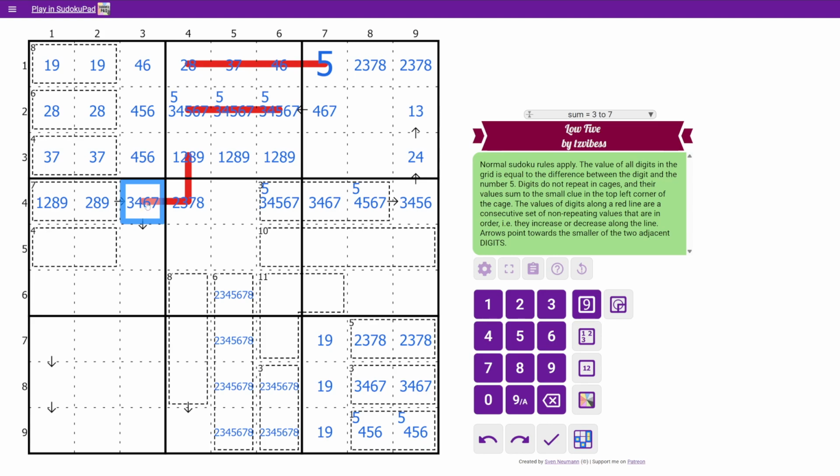Because if this was a value of 1, they're all totally blocked. 4 and 6 are already blocked. That is going to be 3, 7. This is going to be 2, 8. And this is going to be 1 or 9.